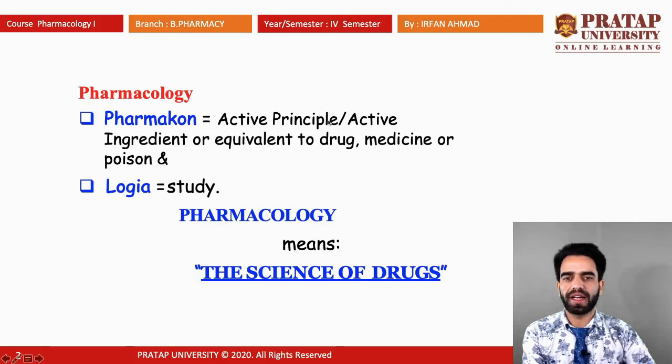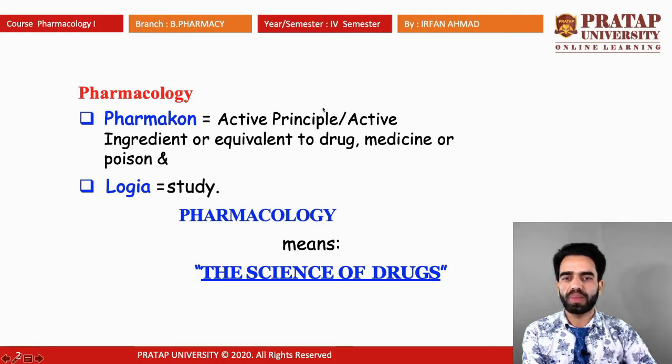If we take the example of any drug, for example paracetamol, PCM, in paracetamol there are active ingredients, and there are other things which are added to that very drug, which are called excipients. The main drug paracetamol is called the active principle, which brings about the change in our body.